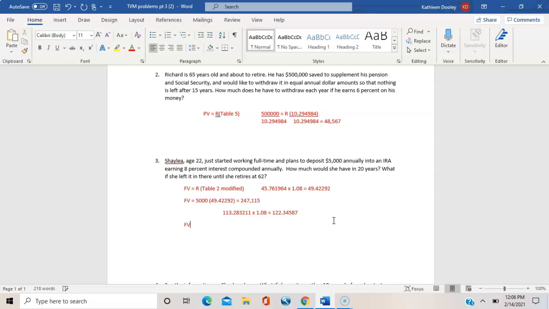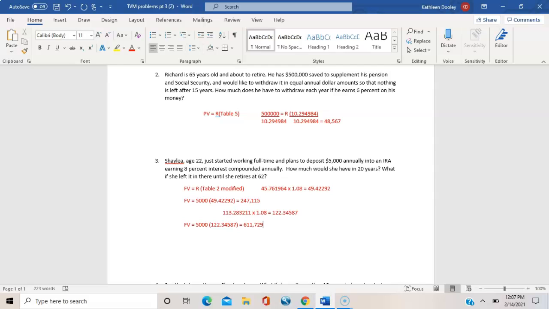So now we can put that in. FV equals 5,000 times 122.34587, and that's 611,729.